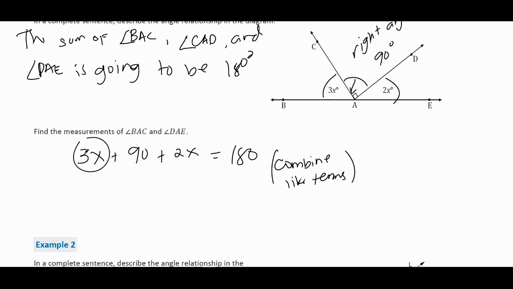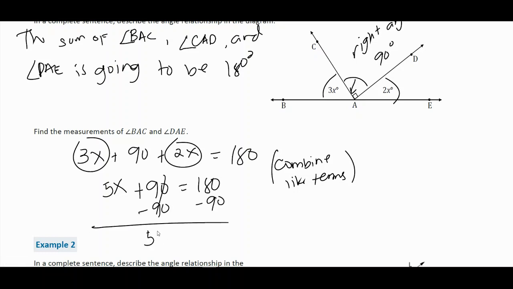Of course, it's 3x and 2x. So 3x plus 2x is 5x plus 90 is equal to 180. Now we remove the 90 because we need to remain the one that has the variable here. Subtract 90 here, subtract 90 there. So we're going to have 5x is equal to 90.